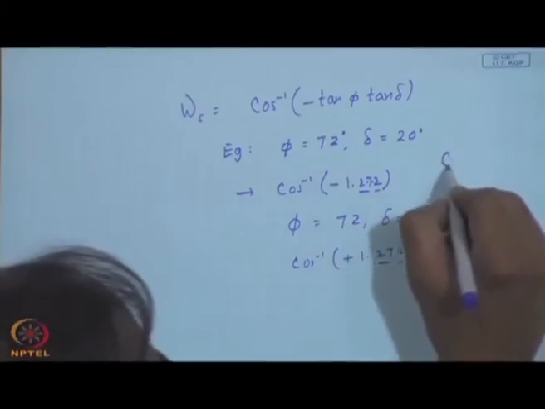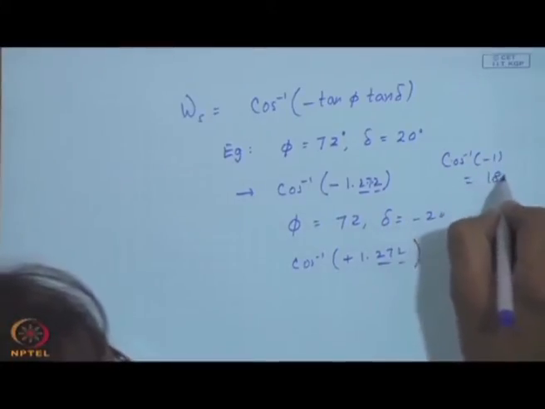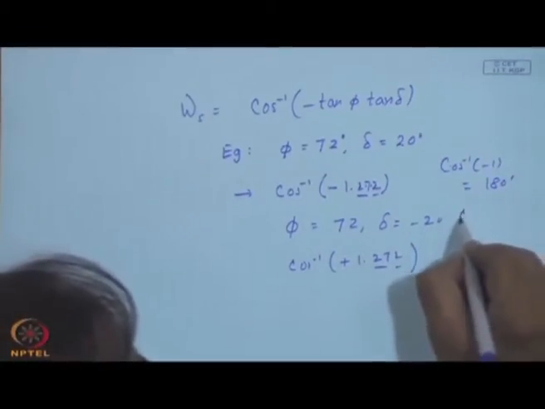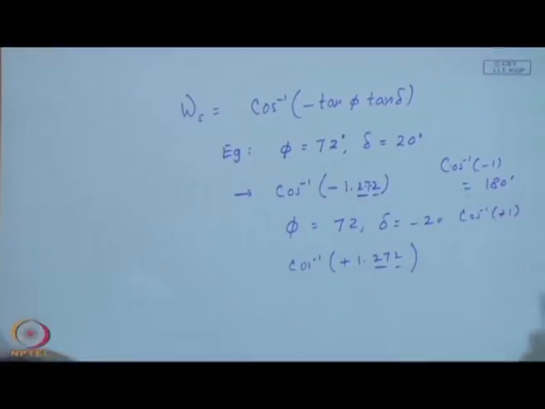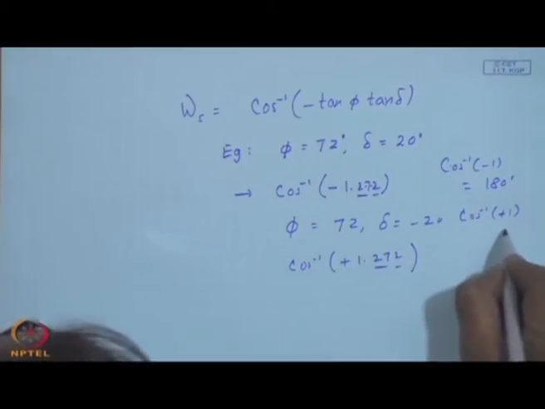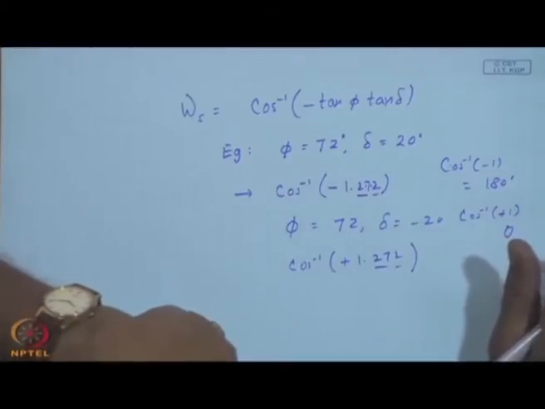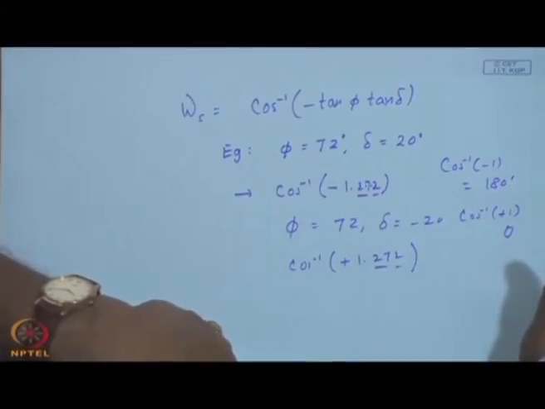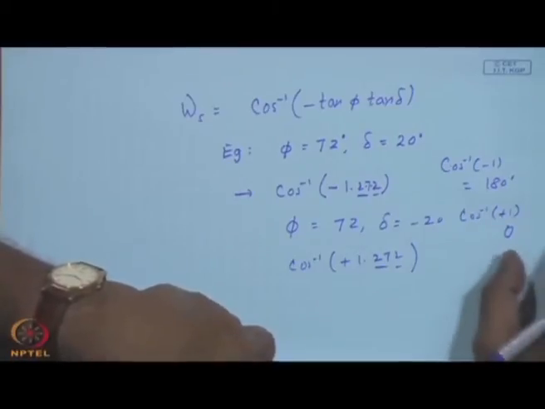Maximum you can define cos minus 1 is equal to 180 and cos inverse plus 1 will be how much? 0, right. 180 multiplied by 2 will be 360, which will be 24 hours, and this 0 is 0.